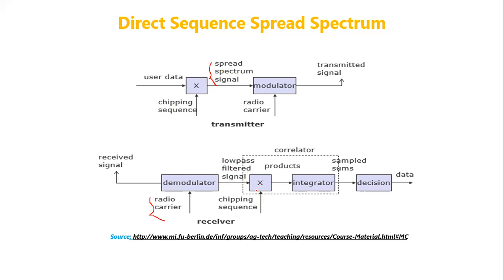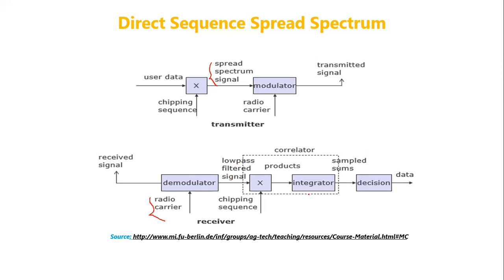Whatever signal you get as a result is passed through an integrator. Integrator means it adds up all the bits. All the bits will be summed up.